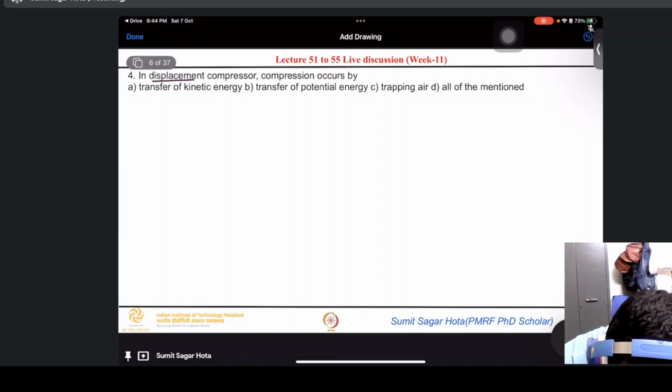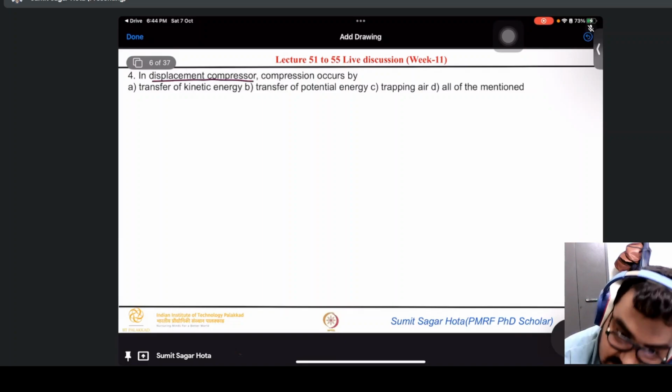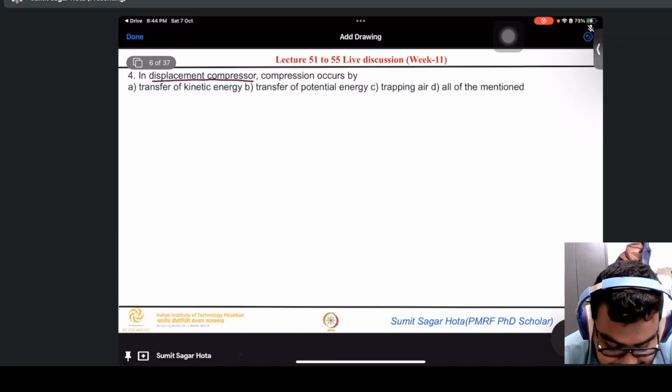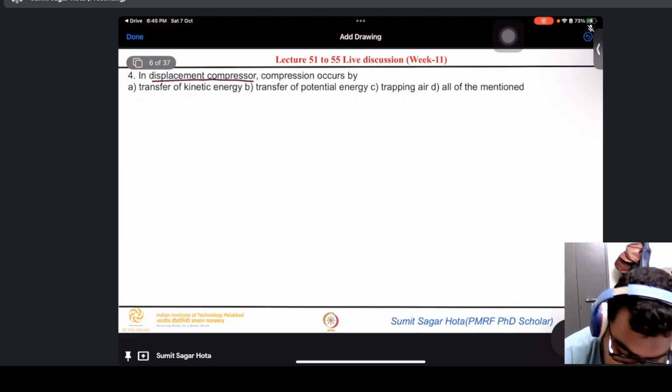Always remember, if a question mentions displacement compressor, it is not based on kinetic energy, and not based on potential energy. It's only based on a trapping mechanism, because there is a reducing space. Air is compressed by trapping in the reducing space. This is the working mechanism of your displacement compressor.